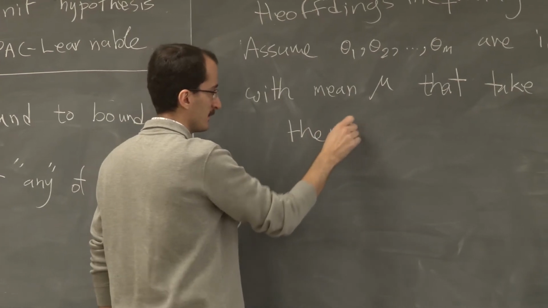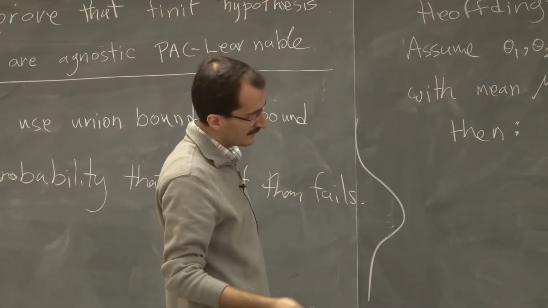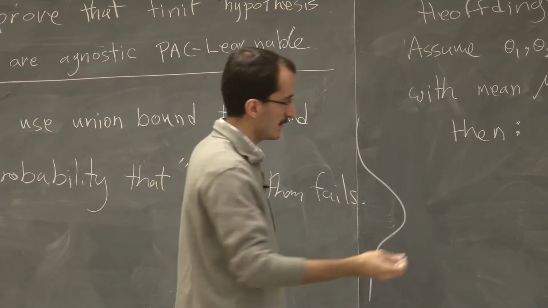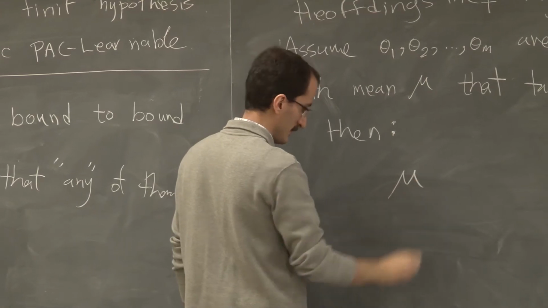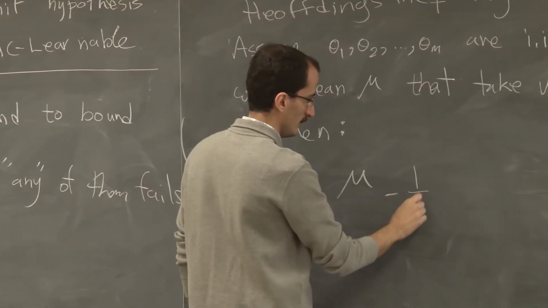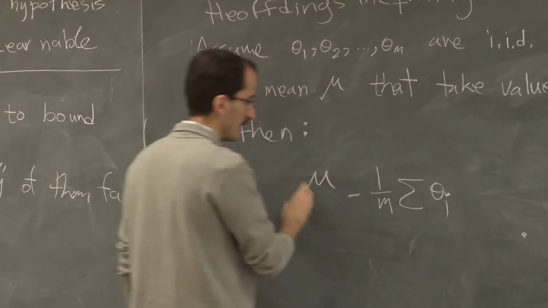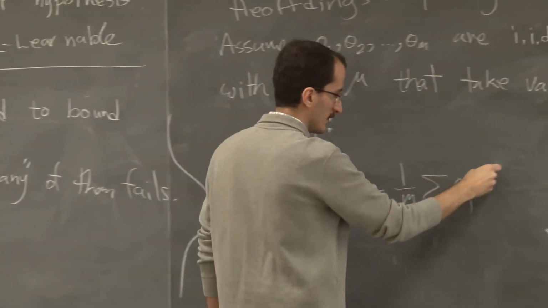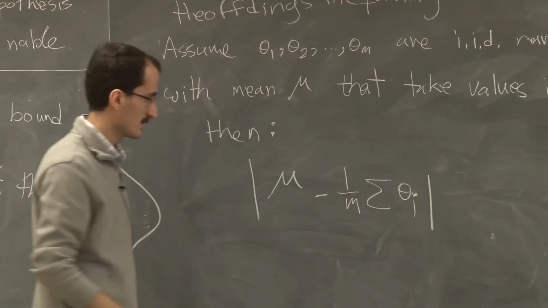Then that's the main result. The empirical average is close to the true average. So I can write that the true average and the empirical average are close.